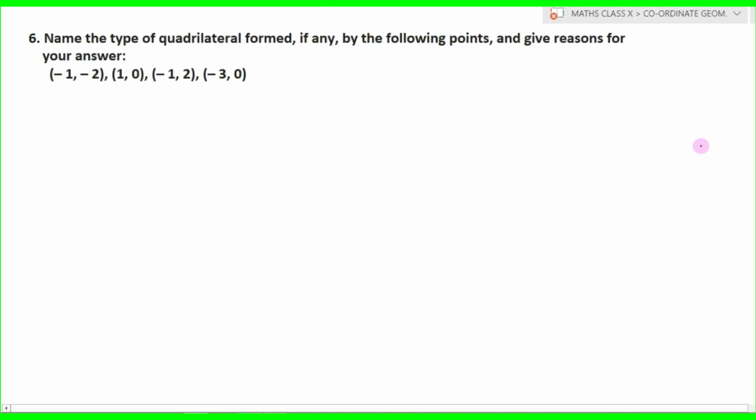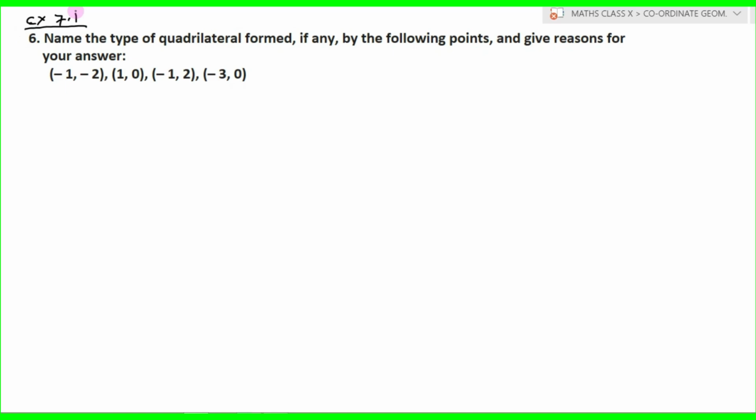Well, now I have taken next question number 6. This is again the exercise 7.1 and question number 6. Here you have to give the name. So name the type of quadrilaterals formed. Since 4 vertices, 4 coordinates are given.